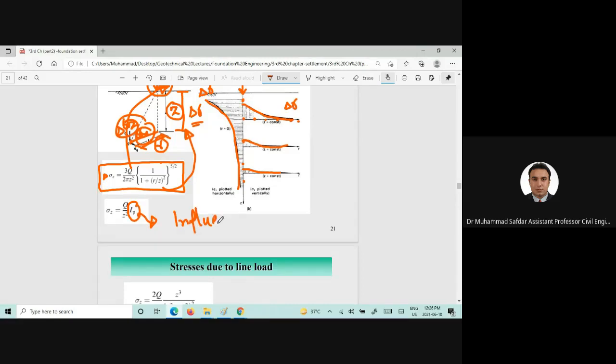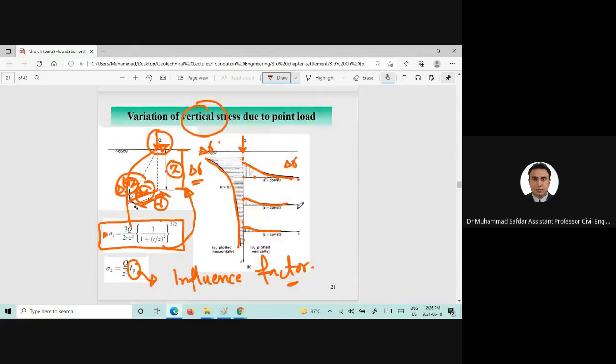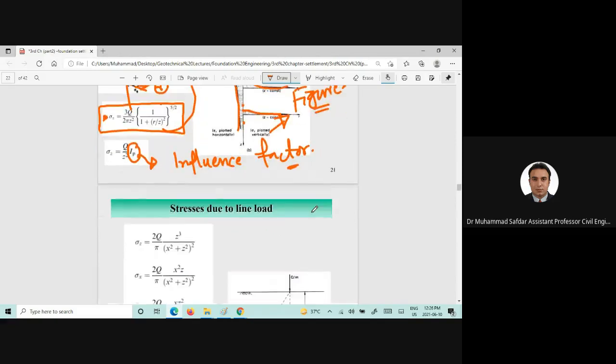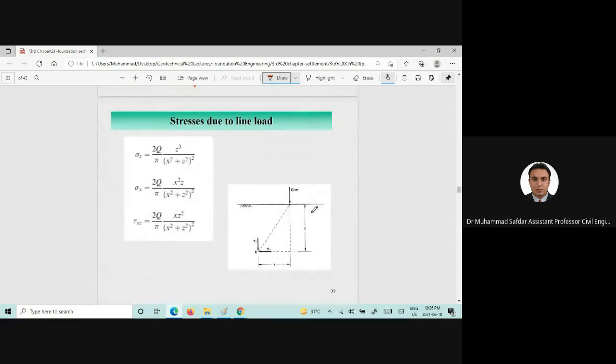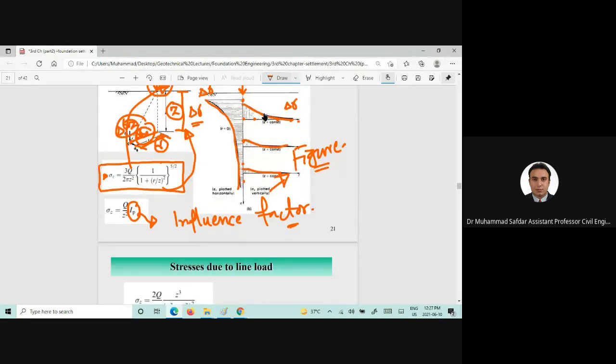They call that the influence factor, and we can estimate it from a figure which will be discussed below.